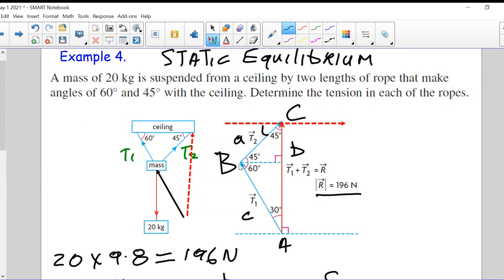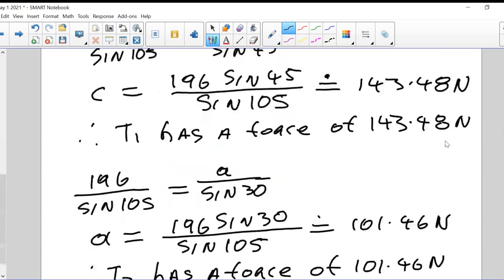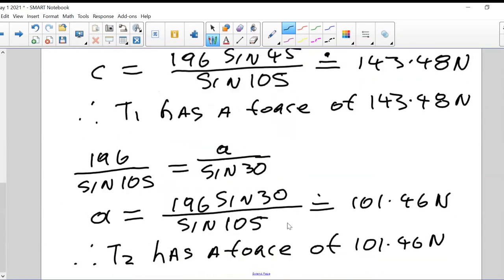So 60 degrees with the horizontal is the angle that this is making. So these two together combine to give me the angle that's formed at the intersection point between the T1 and the T2 vector. The other two angles should be easy enough to figure out, understanding that a triangle must sum to 180 degrees. So there you go. And our final answer: T1 has a force of 143.48 and T2 has a force of 101.46.